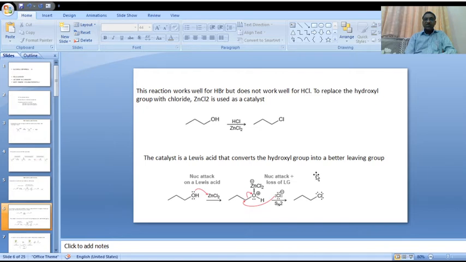We will observe this in the mechanism part. Please concentrate on this particular reaction with the special catalyst.